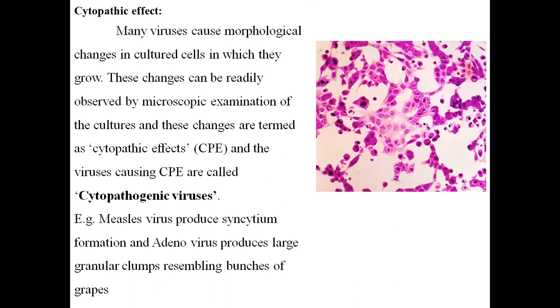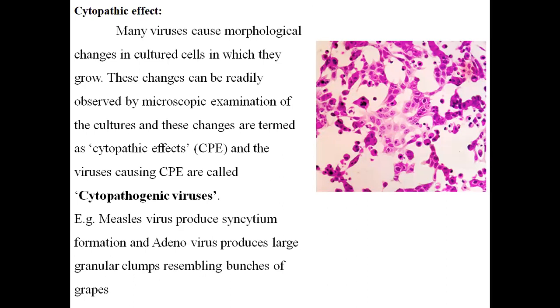Many viruses cause morphological changes in the cultured cells in which they grow. So whatever the cell culture, when viruses grow in it, it may cause some morphological changes in the cell. We can easily observe these changes in the microscope, and these changes are termed cytopathic effects.